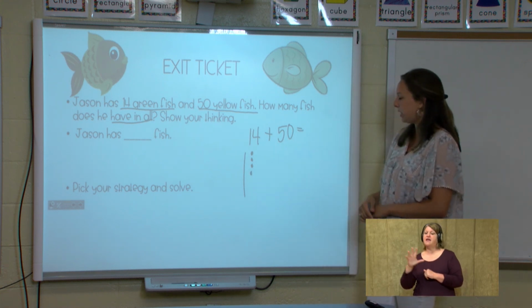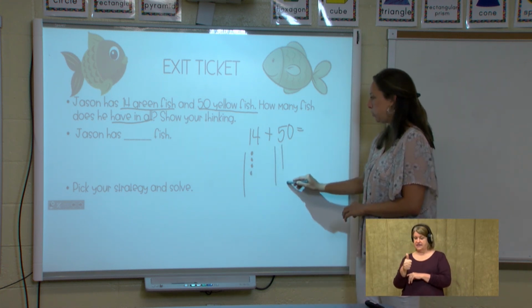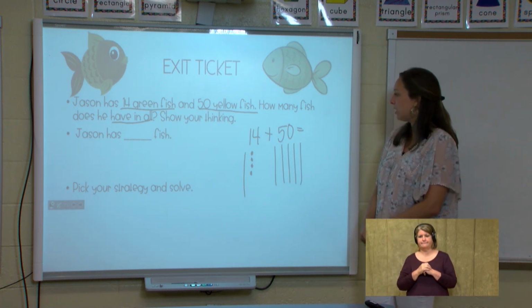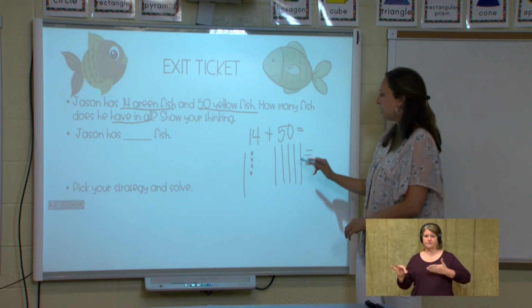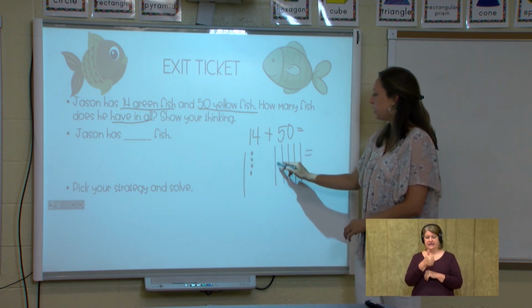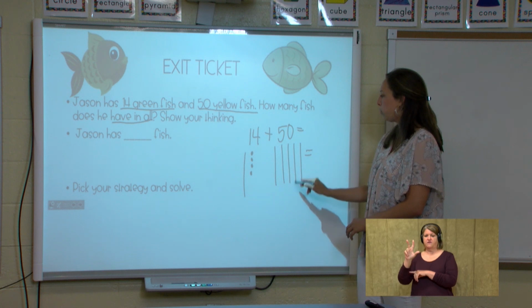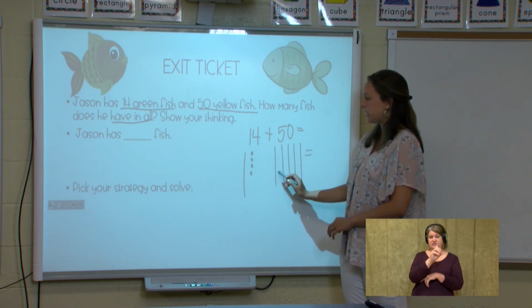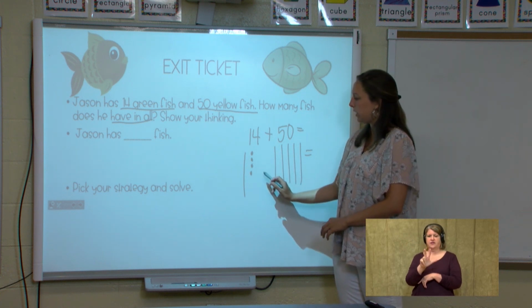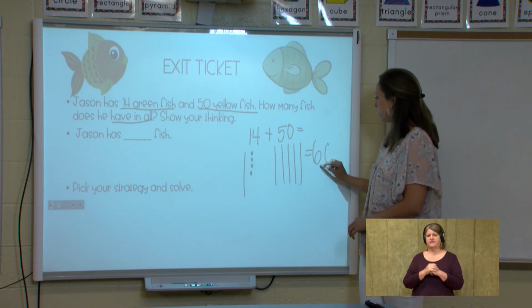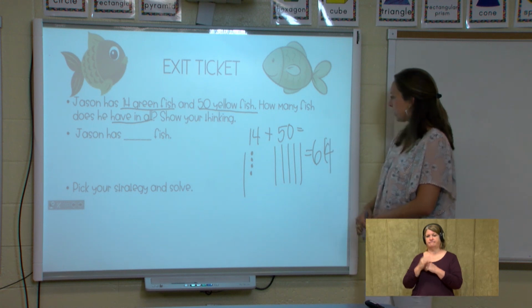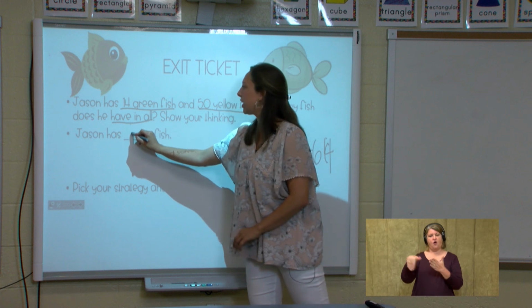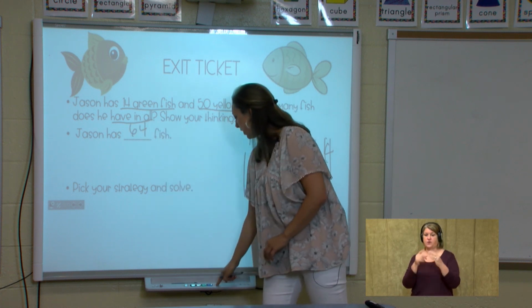And then the 50. 10, 20, 30, 40, 50. Count them up. 10, 20, 30, 40, 50, 60, 61, 62, 63, 64. 64 fish in all.